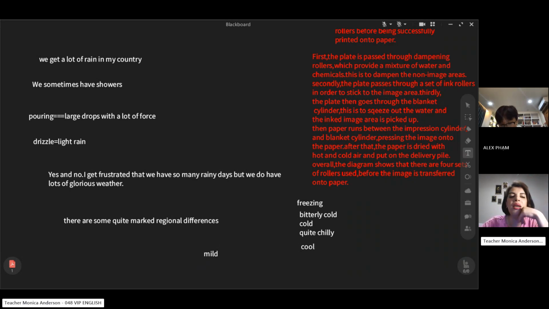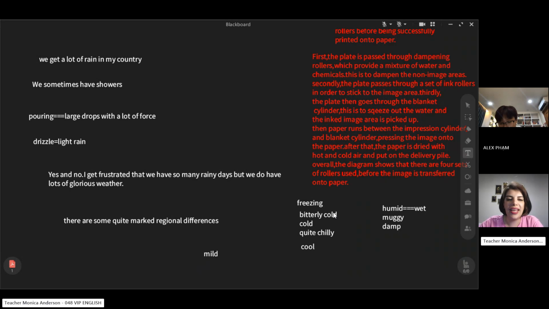And if it's humid, wet, you can say it's muggy or it's damp. Both mean humid.